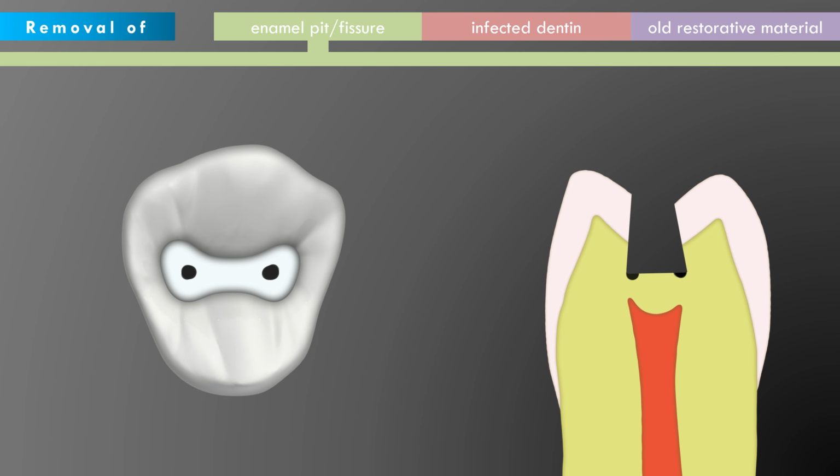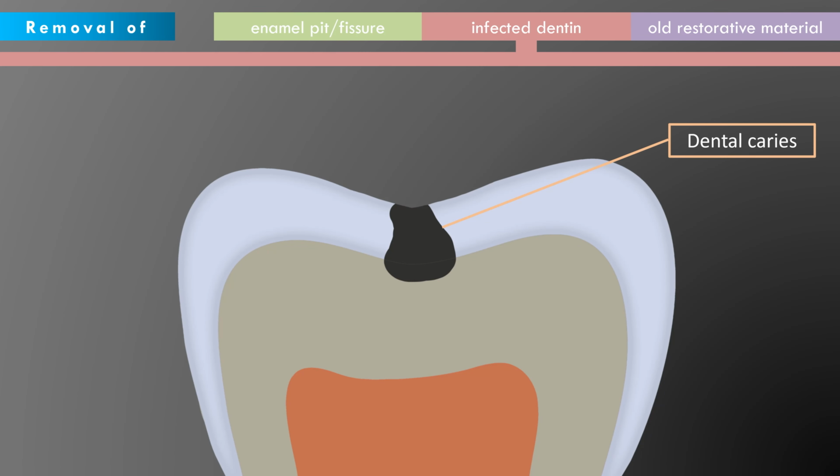Even if those pits and fissures are there, we need not deepen the entire cavity. If they are isolated, we can just remove those isolated spots. We can use a round burr or a spoon excavator and remove those isolated remains of the enamel pits and fissures. So that's the first consideration that we have to take.